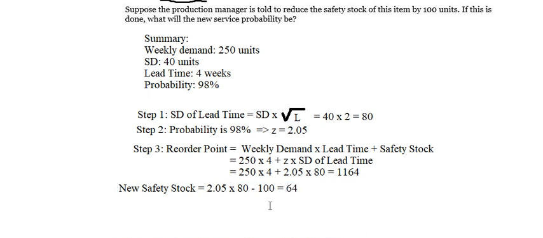Now because the standard deviation of lead time doesn't change, we need to find the new Z. To find Z, we use 64 divided by 80, where 80 is the standard deviation of lead time, and we get 0.8.